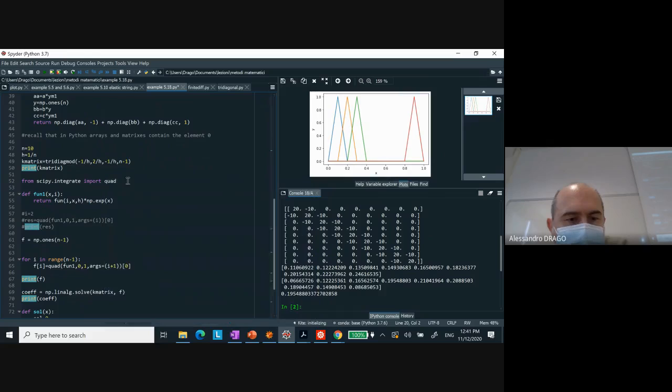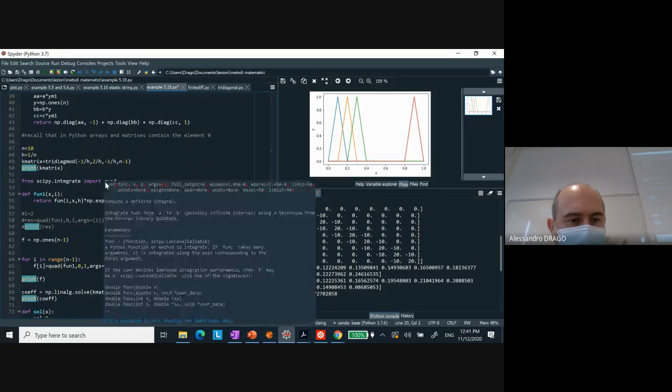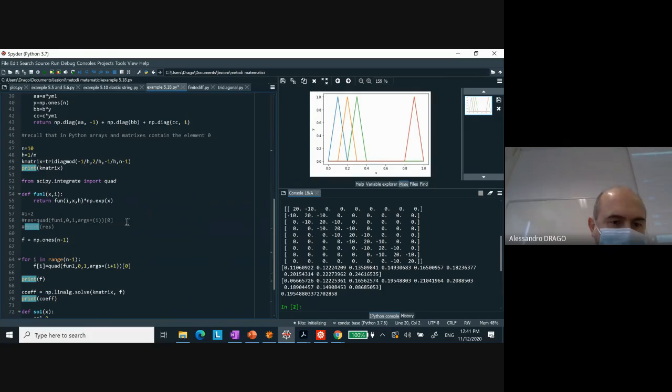Instead, another important ingredient is this args. This args corresponds to the fact that our function is in principle a function of x and I, but we want to integrate on x, not on I. So we have to tell Python that there are a certain number of quantities which are parameters. This is what we are doing by introducing these args.